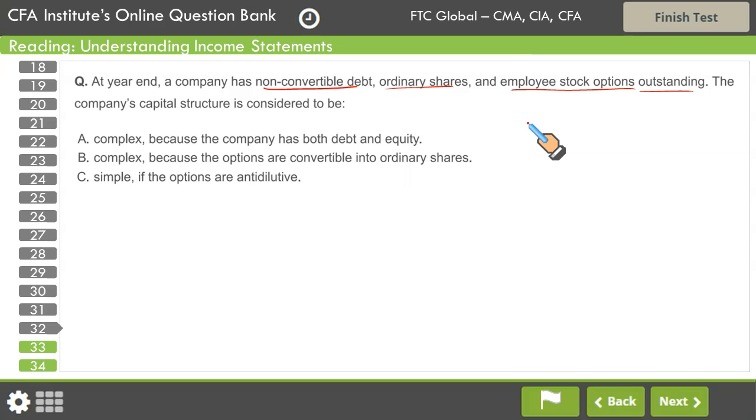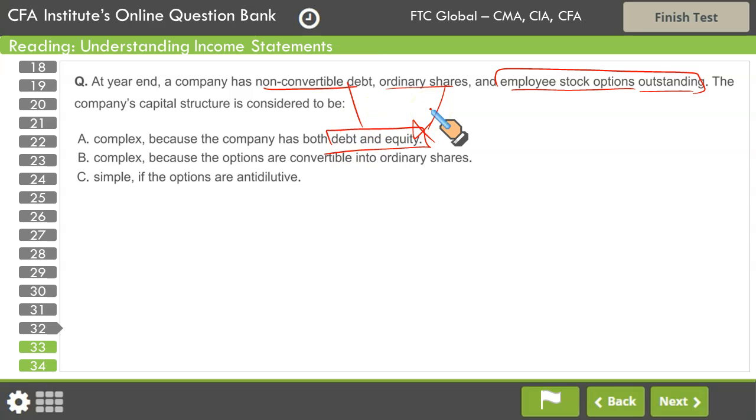It is complex. Employee stock options outstanding. So it's complex because the company has both debt and equity? But having debt and equity doesn't mean that; maybe the debt is non-convertible, fine. But what about the options? This makes the capital structure complex, not having debt or equity.